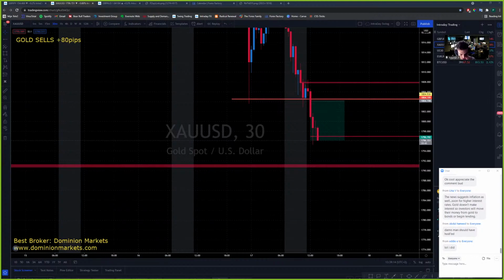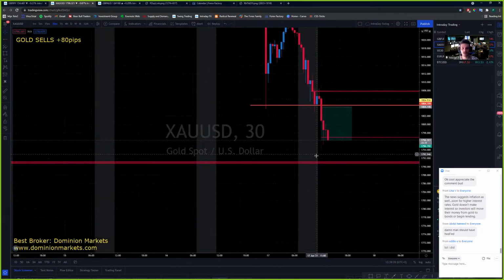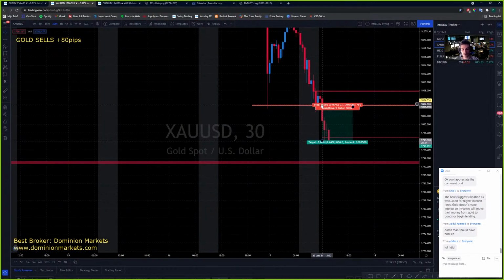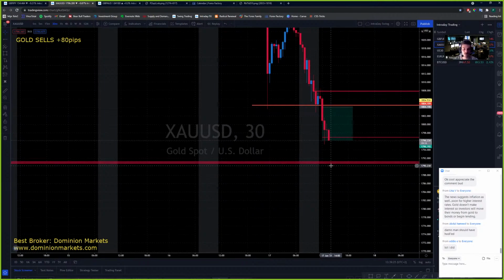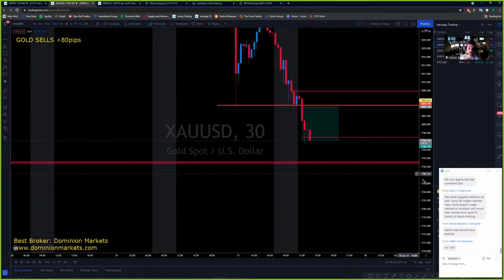Are you sure in NY Open it's going to go down? Well, not like this. If it had retraced, then yeah, NY Open probably would have gone down. But if it keeps going down before NY Open, then I think NY Open is gonna do the retrace.